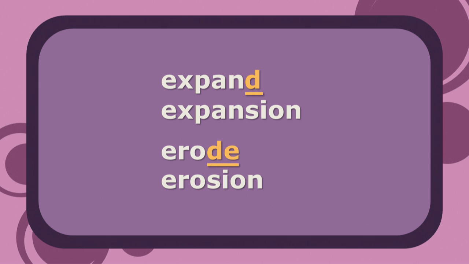The final DE was dropped. So this is a pattern you'll see with other words that end in D or DE. Before adding SION, the letters D or DE are dropped. All of those spelling changes, letters dropped from the base word and letters added to the related word, are what you'll be looking for as we sort the spelling words on the work text page.